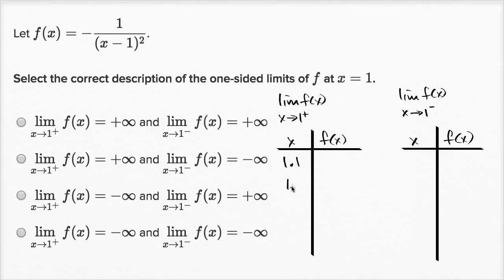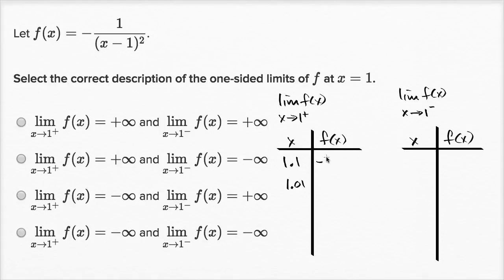We could try 1.01. Now f of 1.1 is negative 1 over 1.1 minus 1 squared. So let's see, this denominator here is going to be 0.1 squared. So this is going to be 0.01. And so this is going to be negative 100.